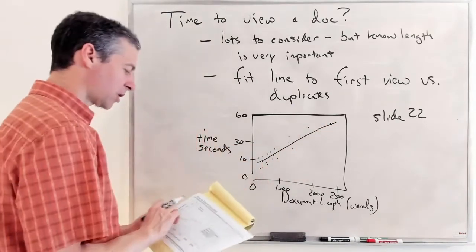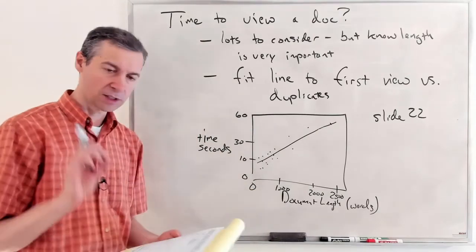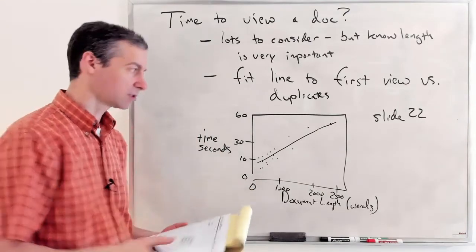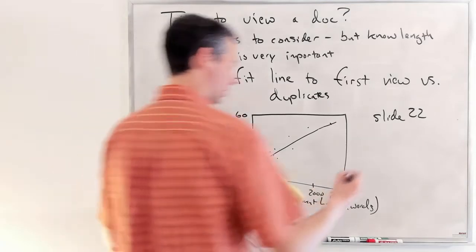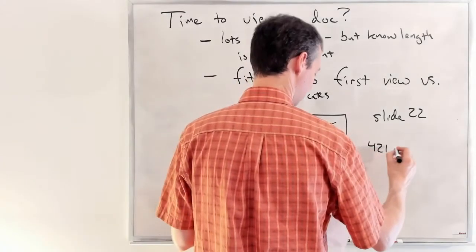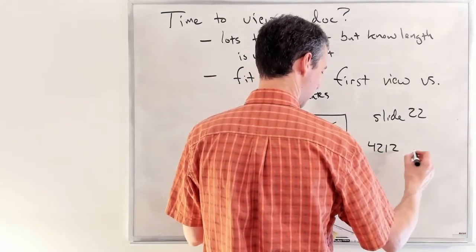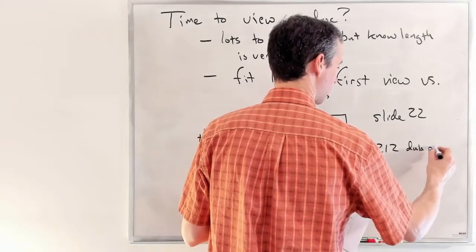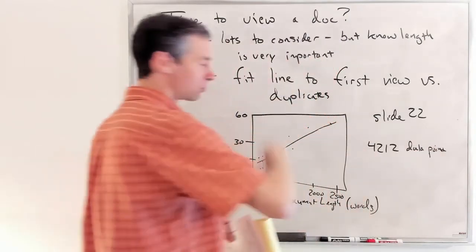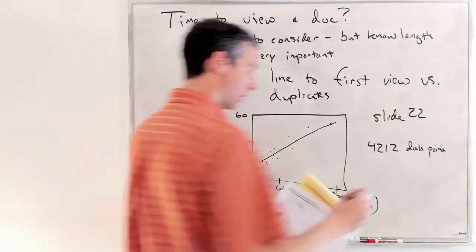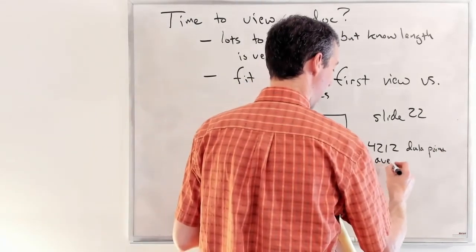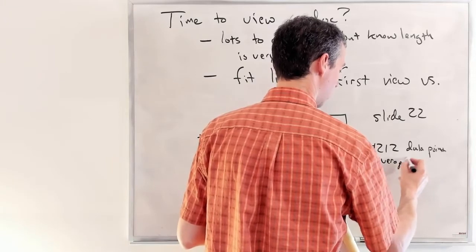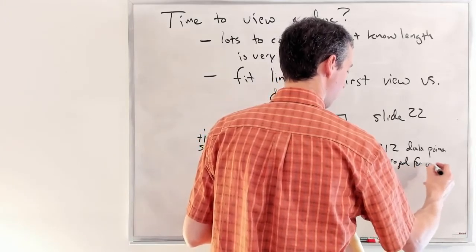These are not individual data points. You'll note that we report a total of 4,212 data points, and it's actually really quite noisy, so these have been averaged for the visualization.